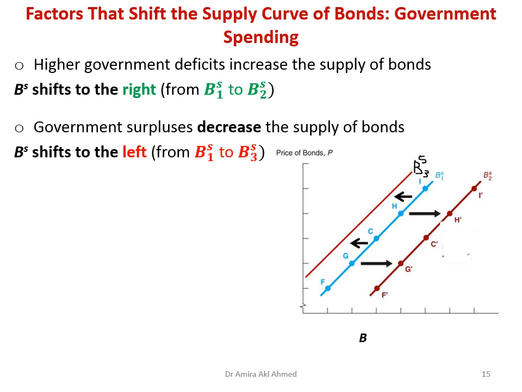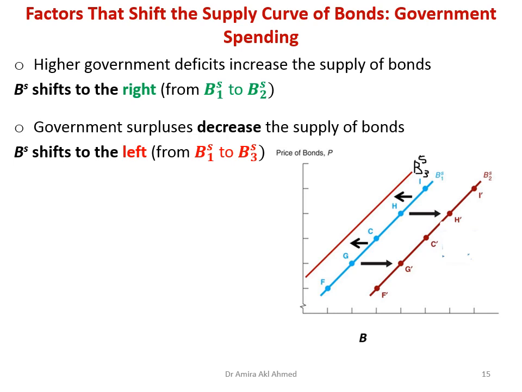The activities of the government are likely to influence the supply of bonds in several ways. A government can issue bonds to finance government deficits. A government deficit could be defined as the gap between the government's expenditures and its revenues.